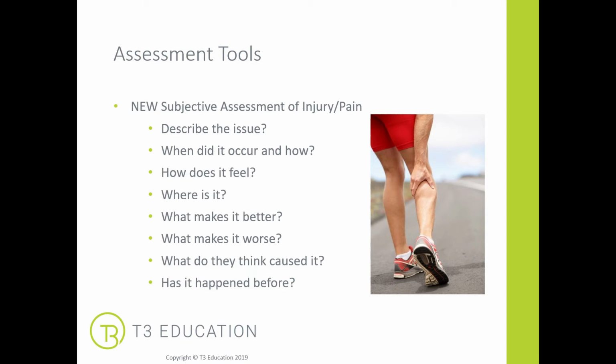Where is it? Show me with your hand, show me with your finger where you feel the pain. Does it radiate? Does it stay? Is it constant? How would they describe it? It's important we listen to the words they use, as we want to understand whether they're describing symptoms that are in the acute stage of injury, or maybe something that needs referral, like something with a neurological impact, like numbness, tingling, burning, shooting pains.